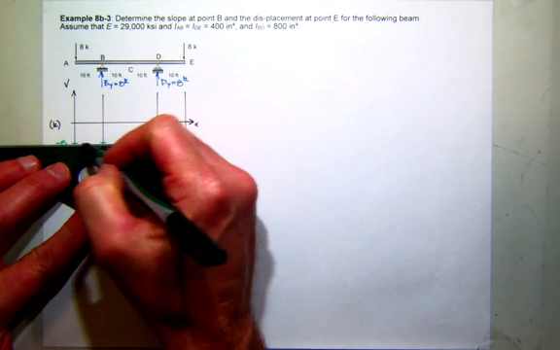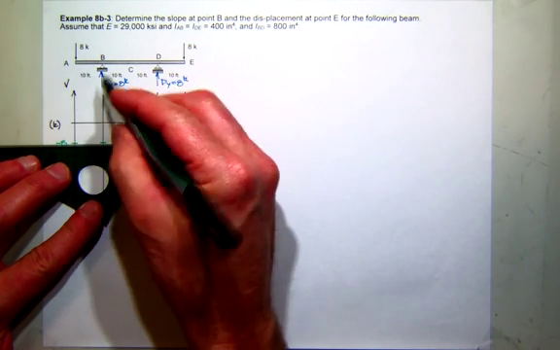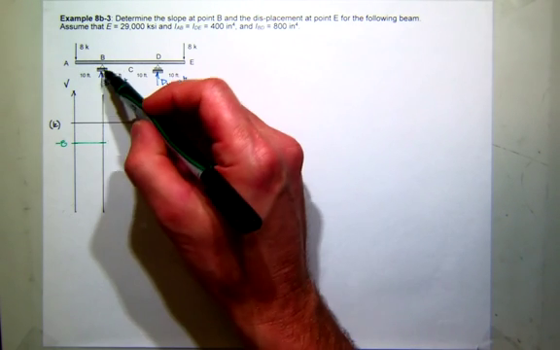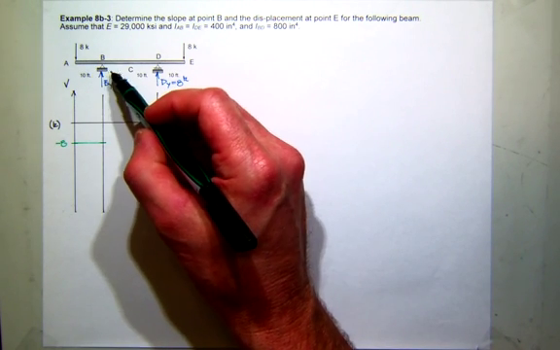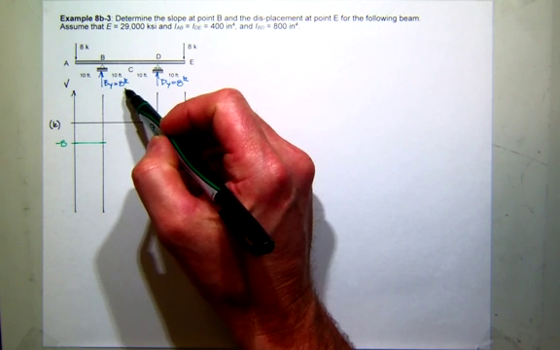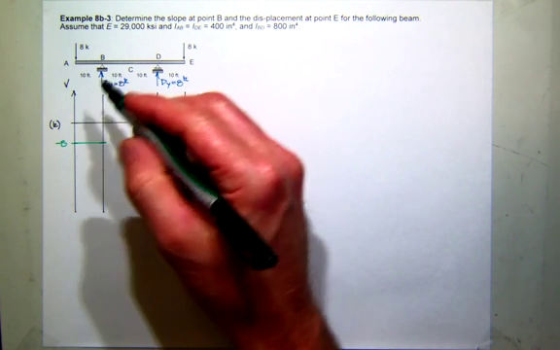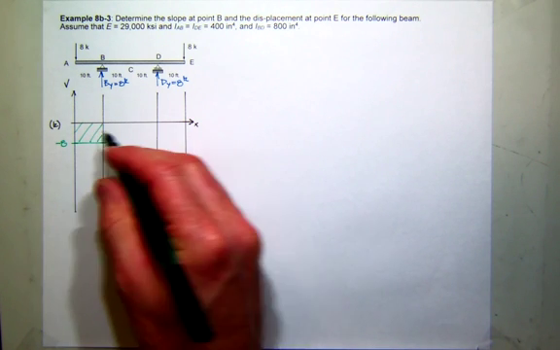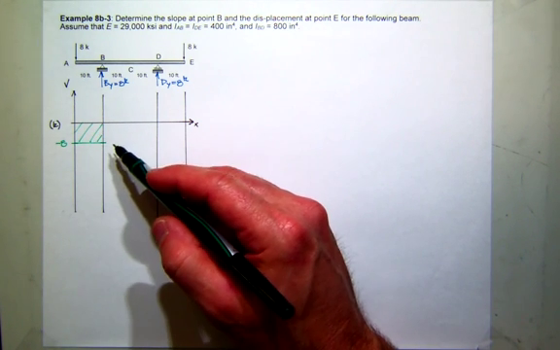There's no load on section from A to B, so there's no change, so I would stay at -8. And of course the slope of the shear diagram is the loading. The loading is 0, so I have a 0 slope. And as I move from the left side to the right side, you'll notice that this force of 8 acting up will bring you to 0. So really I have a constant shear of -8 kips over segment AB.